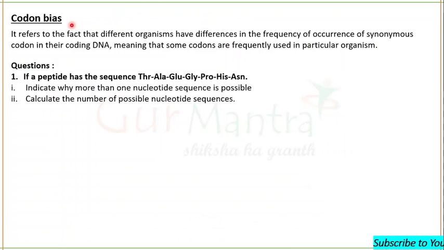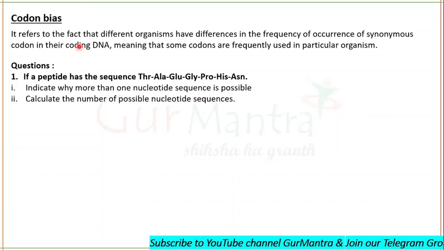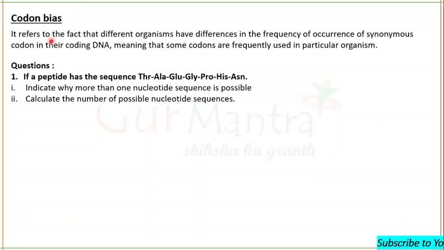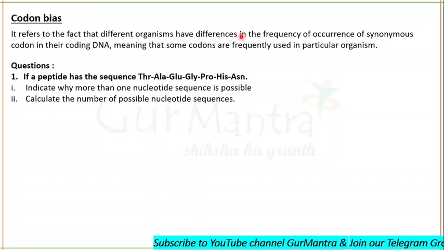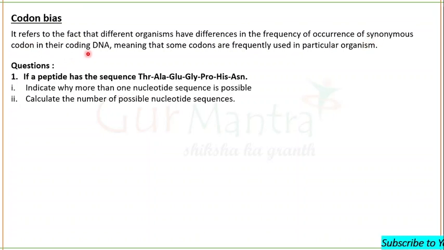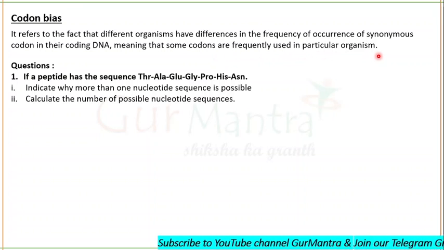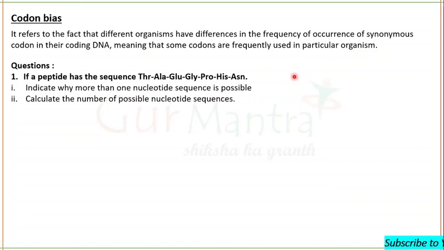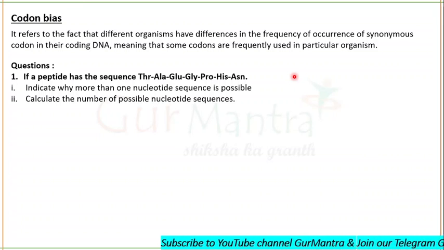Okay, so what is codon bias? See, like you say a particular teacher is biased for a particular group of students, just like that. Okay, codon bias refers to the fact that different organisms have differences in the frequency of occurrence of synonymous codons in their coding DNA, meaning that some codons are frequently used in particular organisms. See, there are many synonymous codons, one amino acid is encoded by 4 codons or 6 codons.